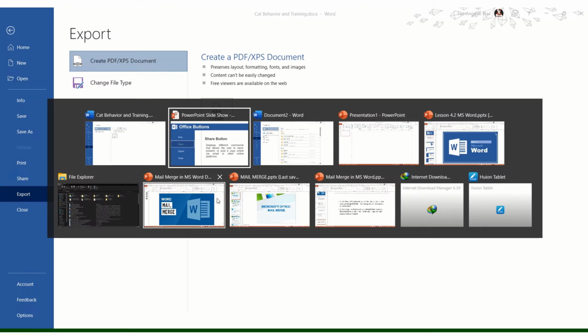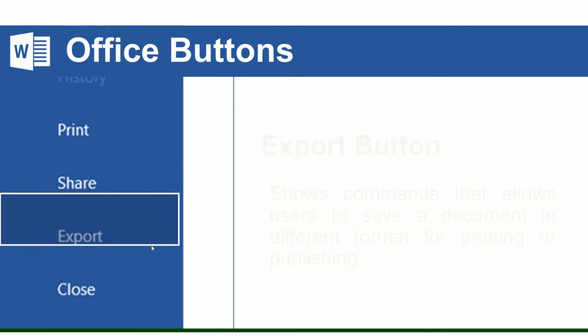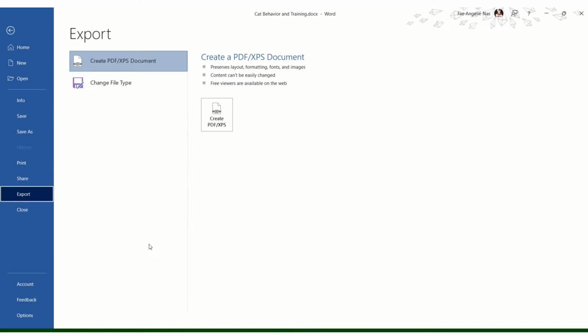So next we have the export. The export button shows commands that allow users to save a document in different formats for printing or for publishing. So if we go to the export button, we can create a PDF file or XPS file of the document, or we can change the file type of the document.